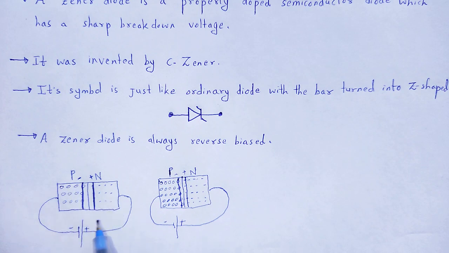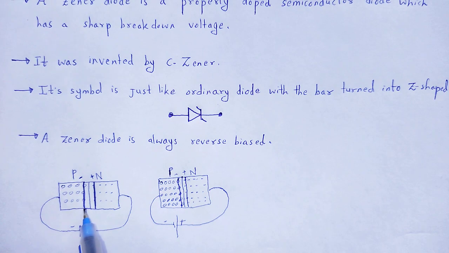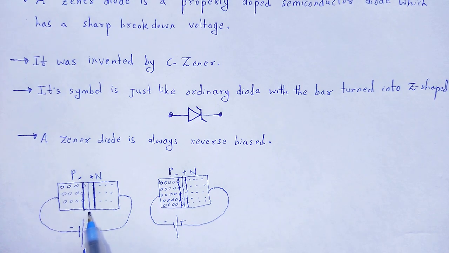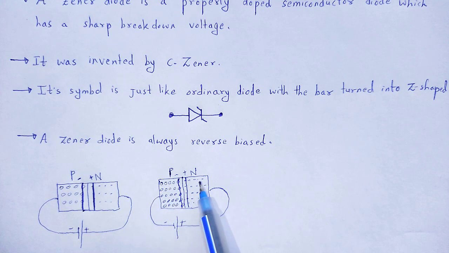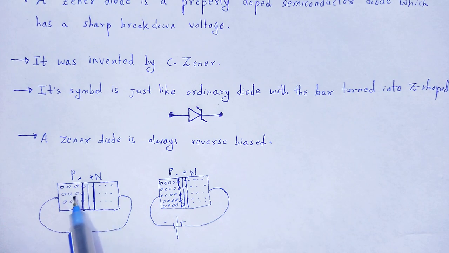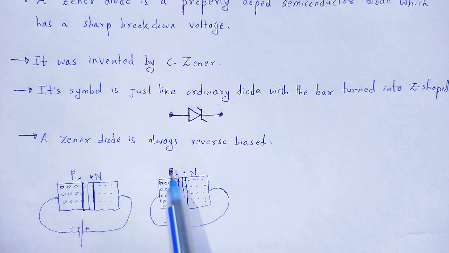In a normal PN junction diode, that depletion region is too high as compared to that of Zener diode, because in Zener diode these are heavily doped, but in the normal situation that one is less doped, or the doping concentration is low as compared to that of Zener diode.